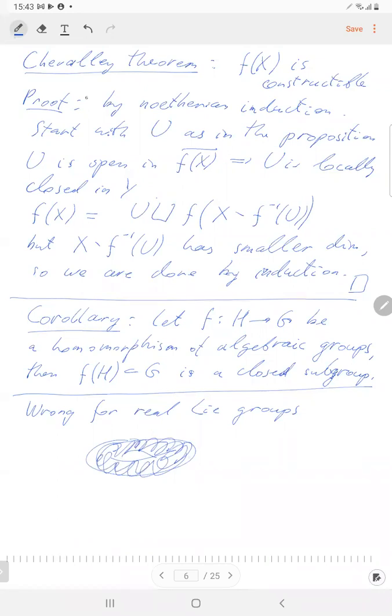The image of this subgroup is dense in the ambient two-dimensional torus. But for algebraic groups and algebraic morphisms, it never happens. So algebraic geometry is a much safer place to live than real differential geometry.